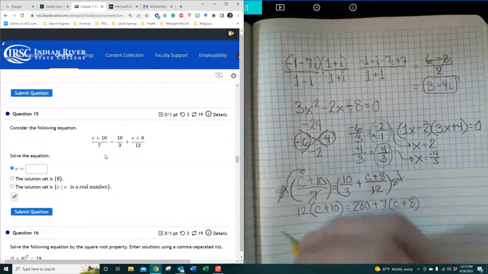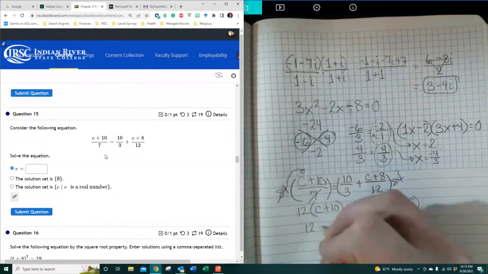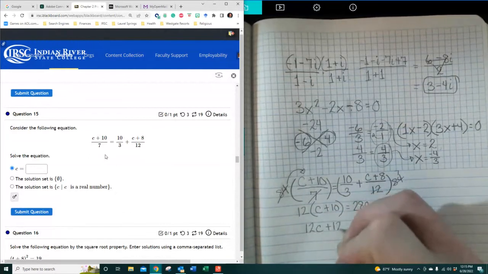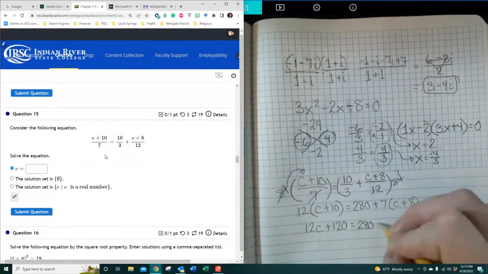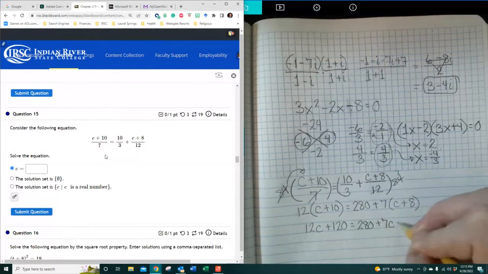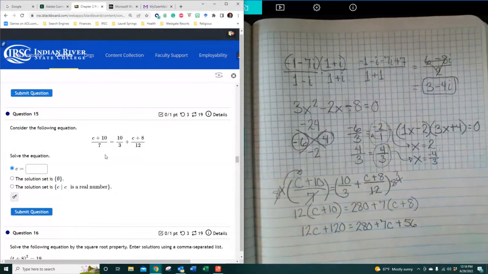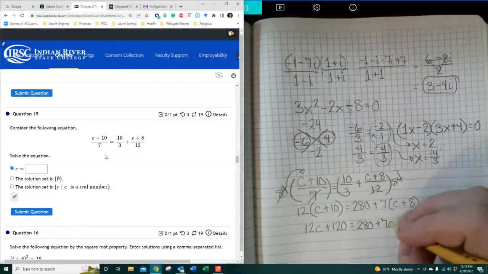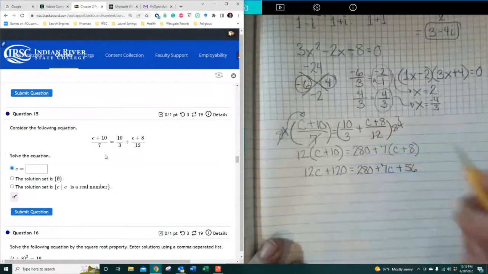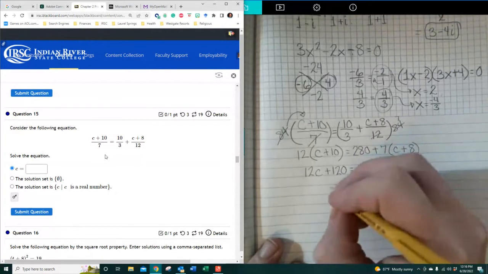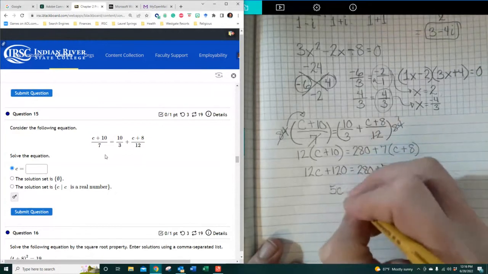Now we have no more fractions. We're going to do the distributive property. All right, we have that. And now we're going to go ahead and combine like terms. Now, we can see we have 7 C's, so we're going to subtract 7 from both sides, and get 5C.